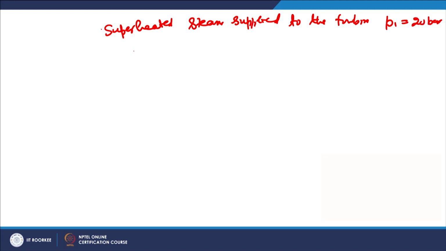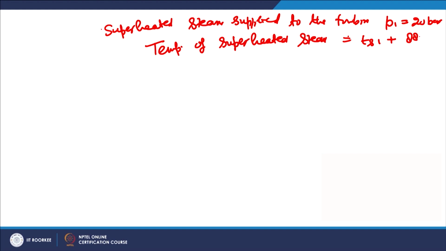Now the temperature of superheated steam is equal to T plus 88.6 degrees Celsius. Now for this we need to seek the help of steam table, that is the dry saturated steam.